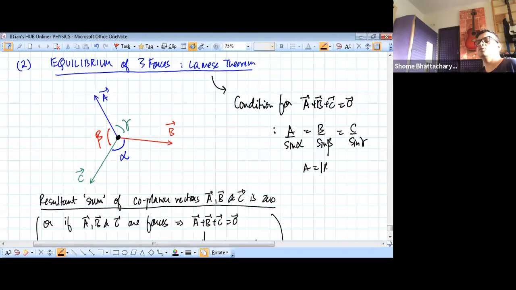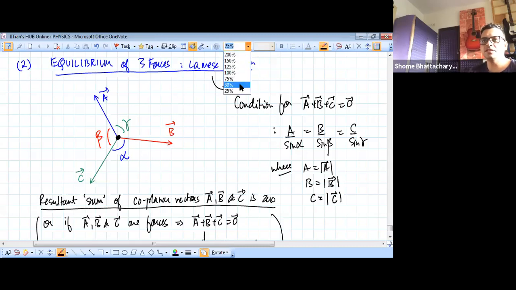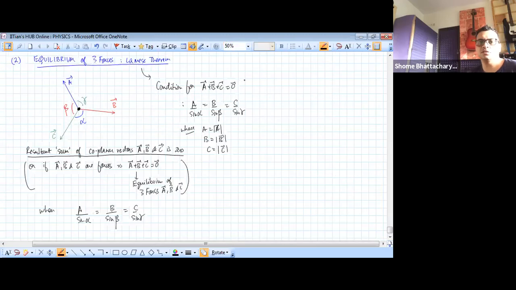Where of course A is nothing but the magnitude of that vector, B is the magnitude of vector B, C is the magnitude of that vector, and alpha, beta, and gamma are the angles shown in the diagram. Just make a note of this and we'll look at a couple of applications. You'll understand the importance of this.